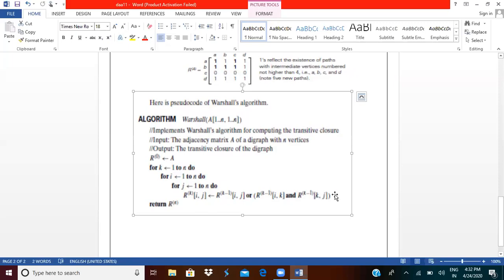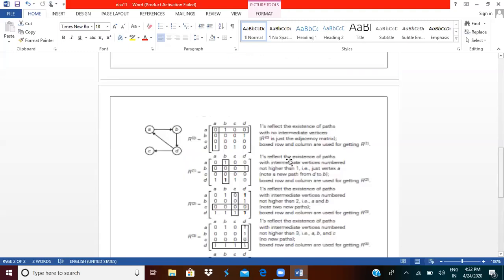It is just like a Boolean operation. First, you solve what is within the brackets. What is R0 of I comma K? The I value is 1, the K value is 1. What is R0 of 1 comma 1? If you see in this matrix, first row, first column, it is 0.